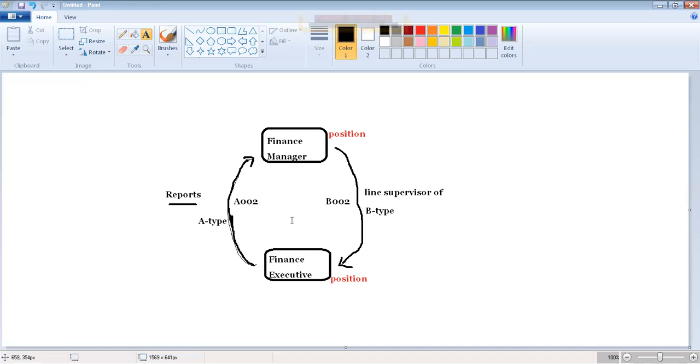So we can see that it is a two-way relationship. It's a two-way relationship, and it is reciprocal, because the superior needs to know the subordinate information and the subordinate needs to know the superior information.